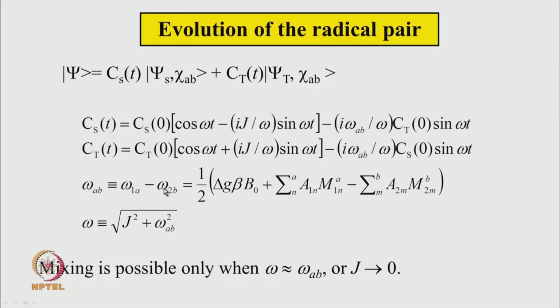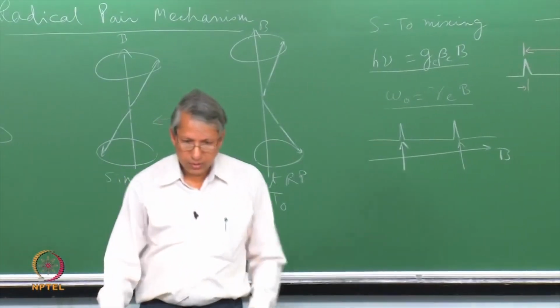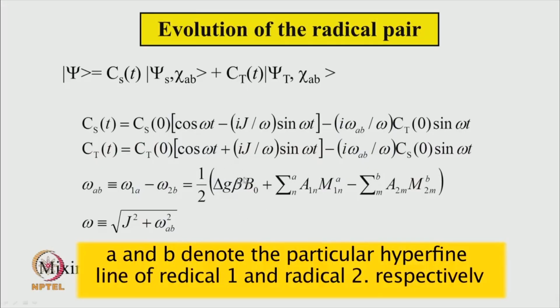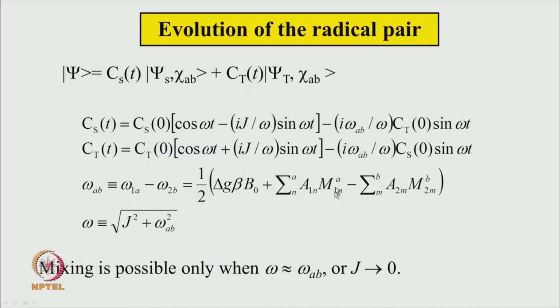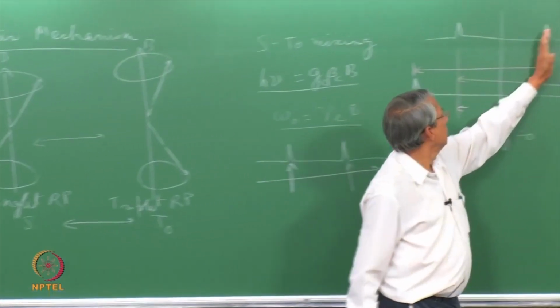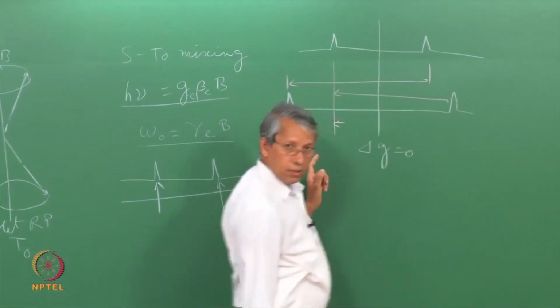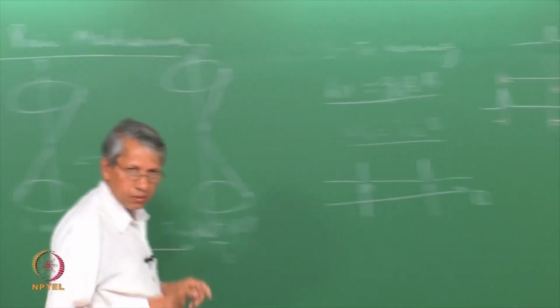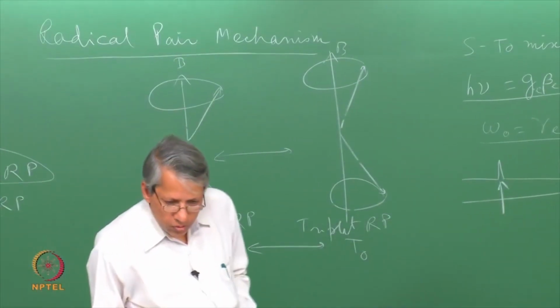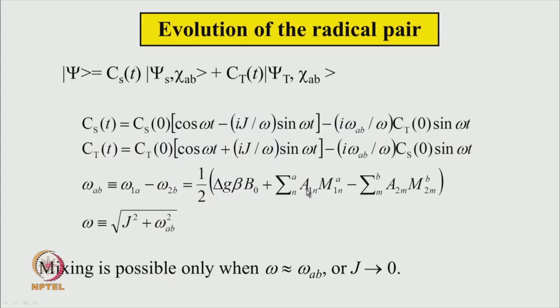That is decided by the delta G value. We have already encountered that delta G decides the precessional frequency difference, and it is also decided by the hyperfine coupling constants of various nuclei and the corresponding Mi values, which are present in a particular radical pair, for the first radical and second radical. So, this is perfectly understandable now.